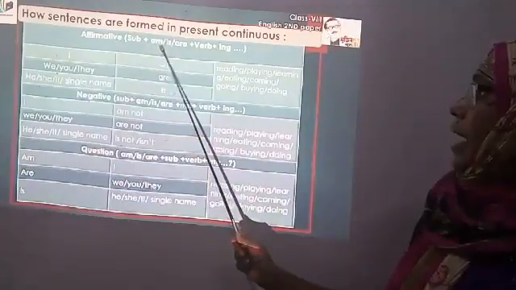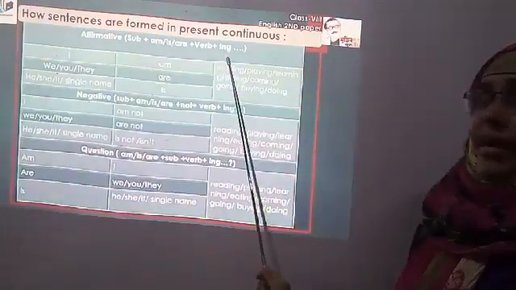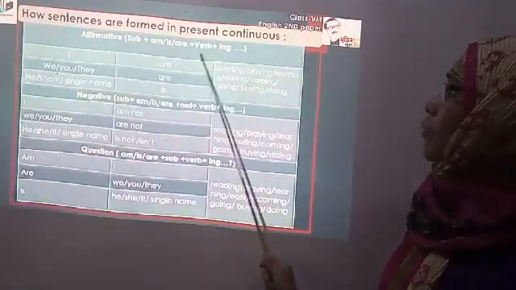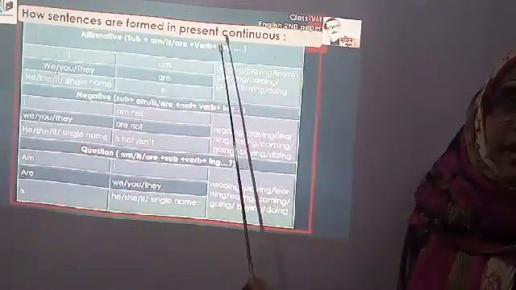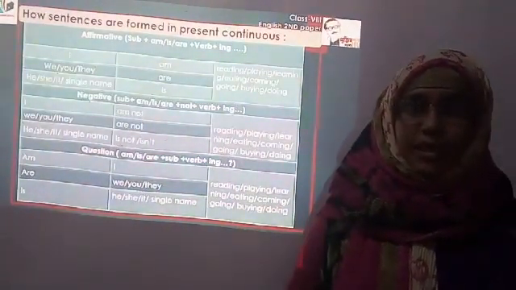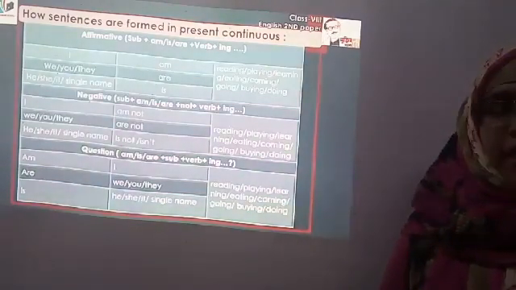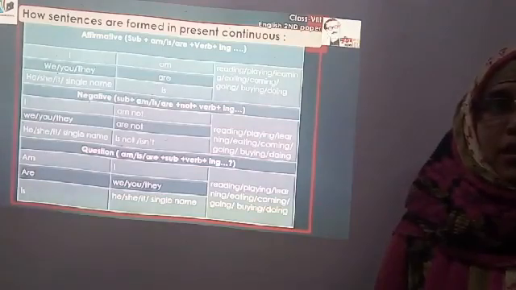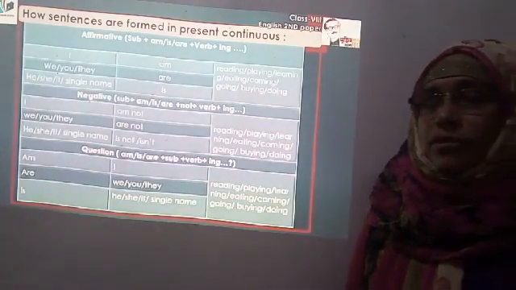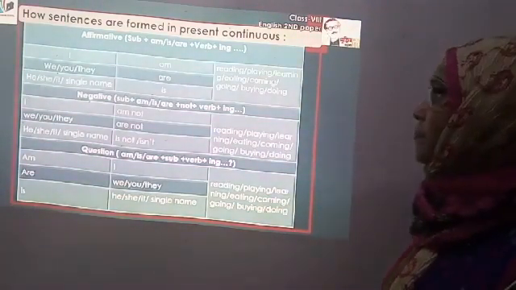Subject, then am, is, are, and the verb takes ing. The verb will be the base form, then the ing form. Any continuous tense, whether present continuous, past continuous, or future continuous, you have to use ing after the verb.